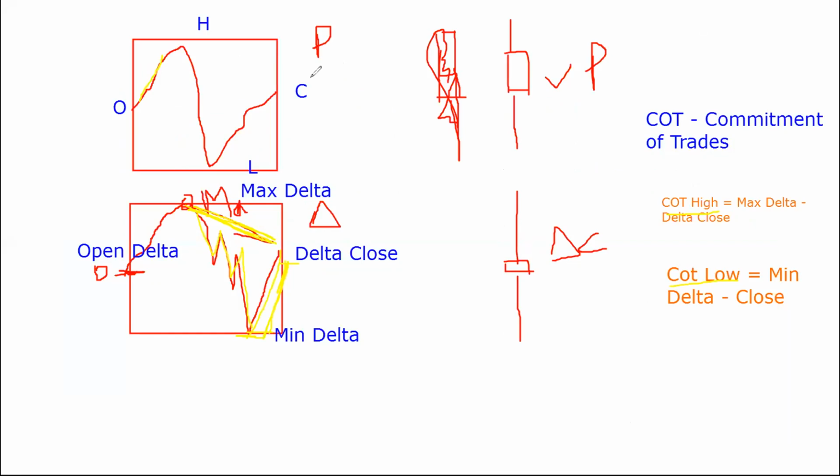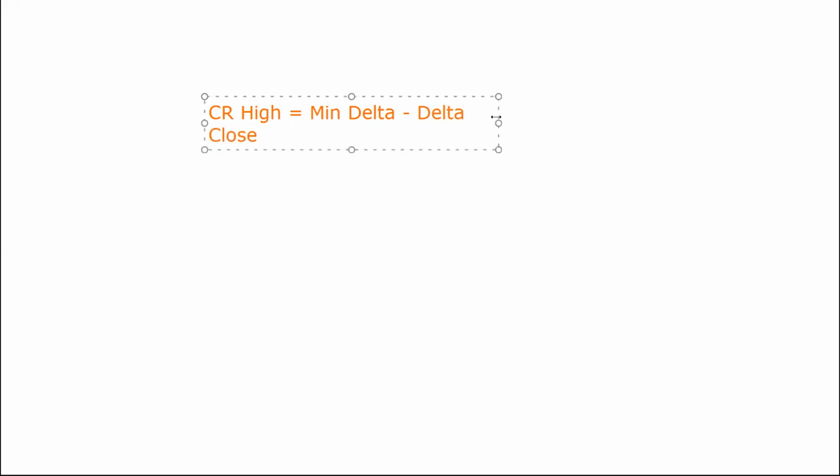Let me clear the drawings. So the CR high is always like min delta. It's supposed to go like minus of delta close. If the delta close is negative, the negative minus negative becomes positive.